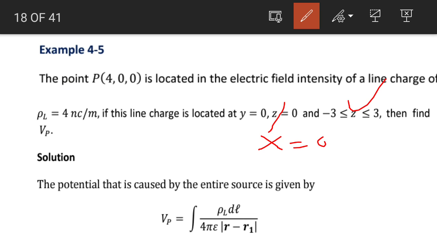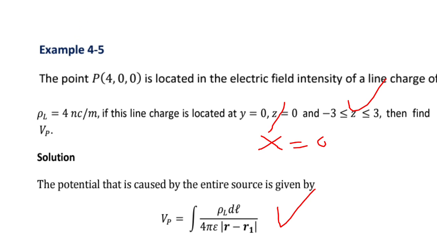So we know that the absolute potential at point P will be equal to the integration of rho L dl divided by 4 pi epsilon into r minus r1. So let us consider the figure over here.